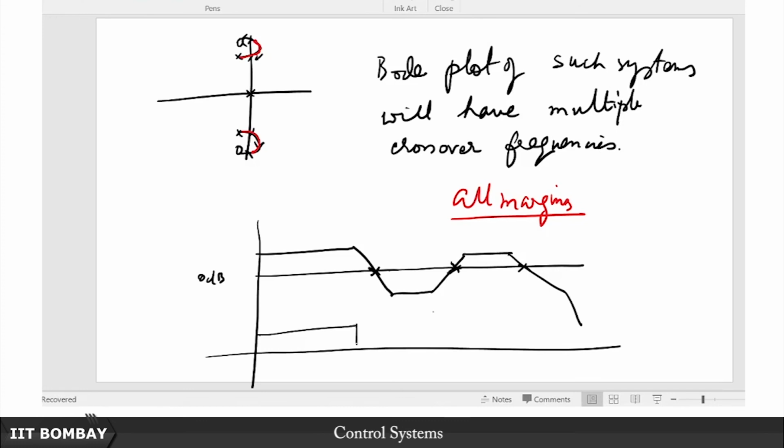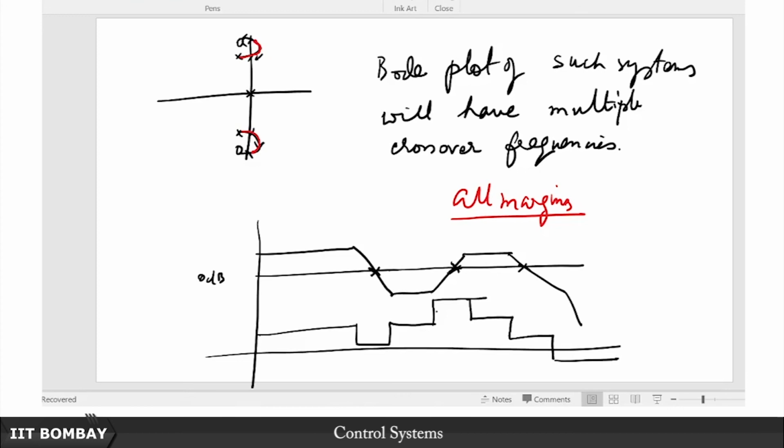So this is this, then it goes like this, then again there is a rise, then again there's a further rise like this, and then again there's a flattening, and then again there's a fall like this, so on and so forth. You get the idea, right.